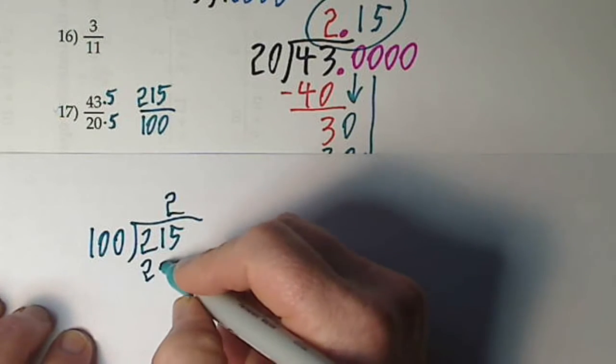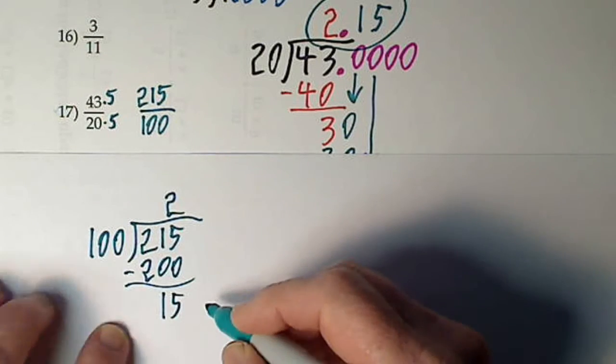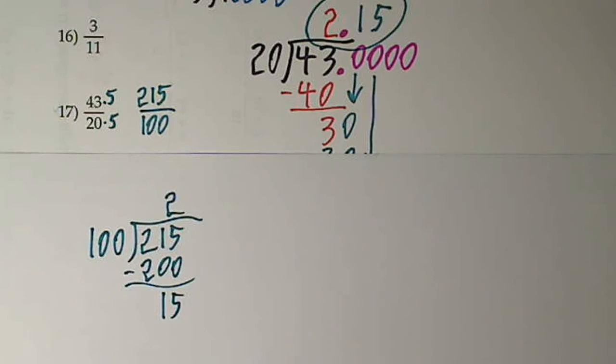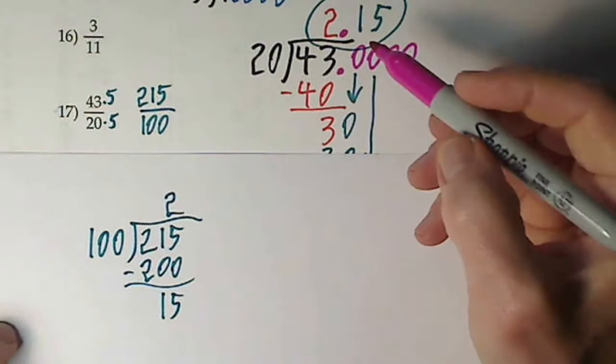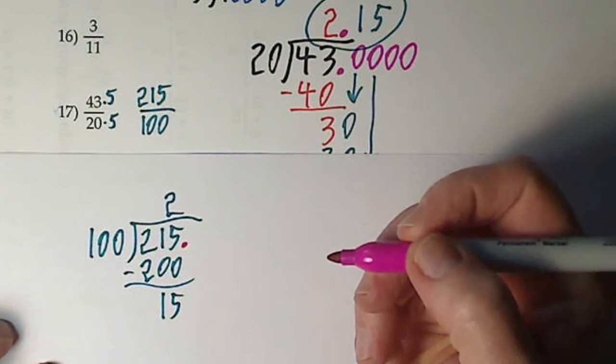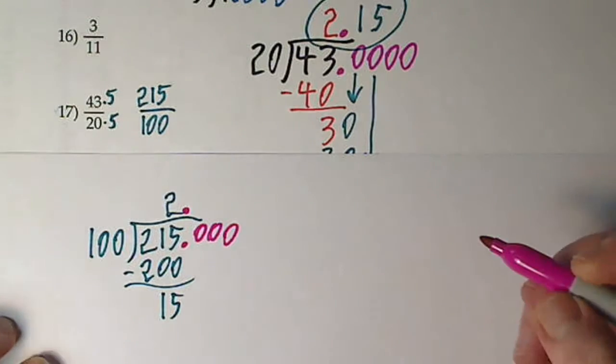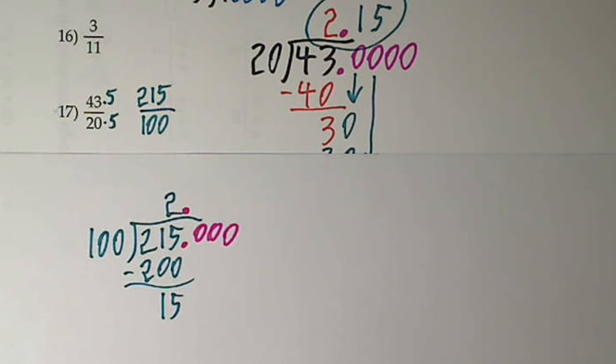That gives me 200. I'm sailing along. Everything's nice. I've run out of digits. So, I use the same trick I did up here. When I run out of digits, I put in the decimal. It's been sitting there patiently all along. I tell the world, and I can load up on zeros. All right.